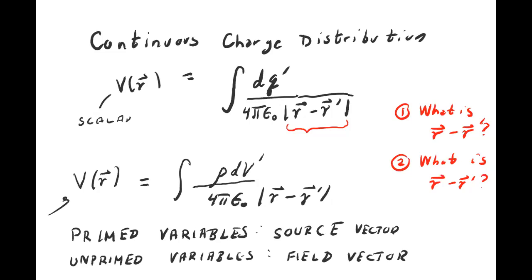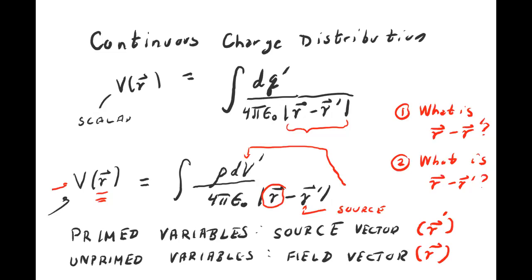Note when I do this integral, I integrate out over the prime coordinates, and I'm just left with an answer that just depends upon R. So the field vector is R, and the source vector is R prime. So this is my source, I'm integrating over. I also do that up here. And I'm left with my field vector, which just tells me what the electrostatic potential is.